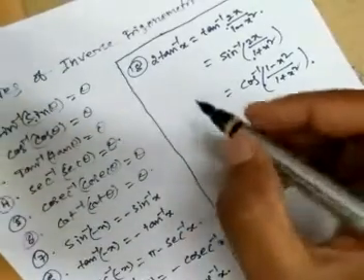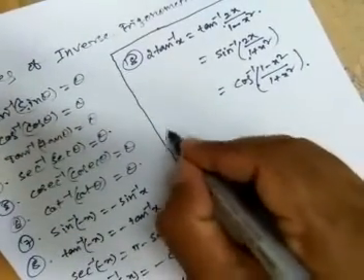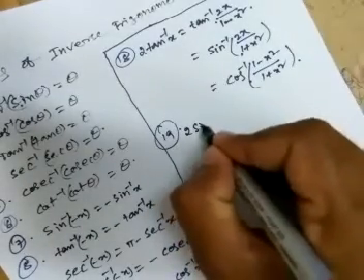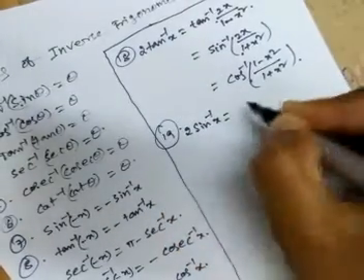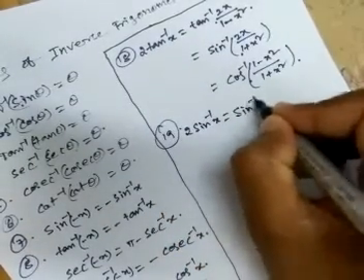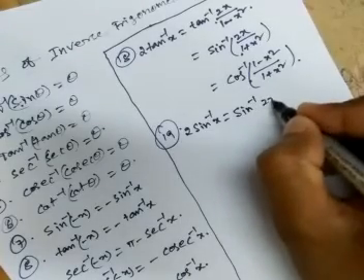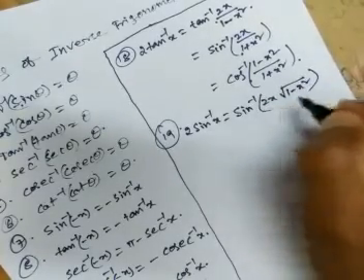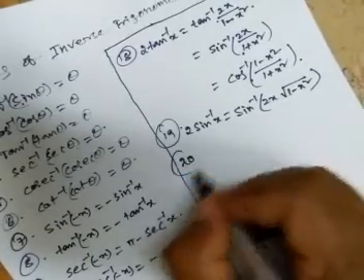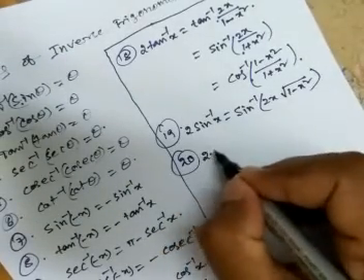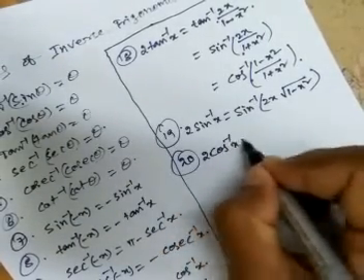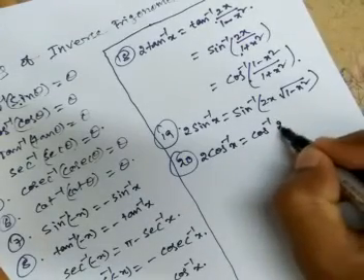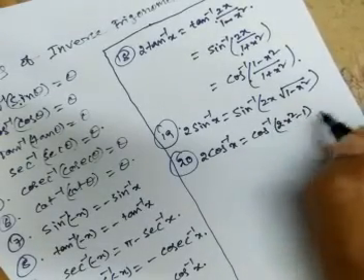Next one, two into sine inverse of x equals sine inverse of 2x into under root of 1 minus x square. 2 into cos inverse of x equals cos inverse of 2x square minus 1.